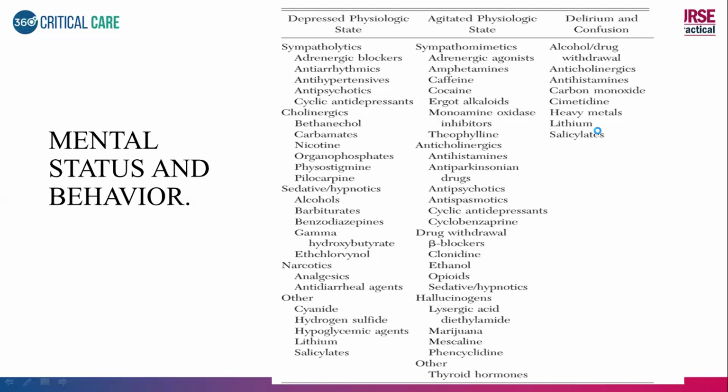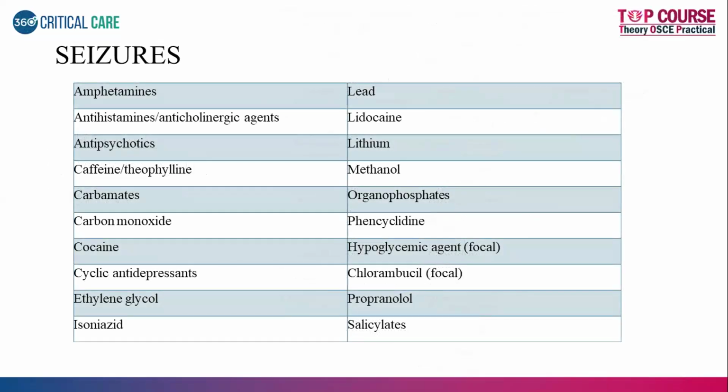This is about the mental status. Now coming to seizures. Which drugs have seizure potential? The most common are amphetamines and anticholinergics, which both have a high incidence of seizures. Others include tricyclic antidepressants, carbamates, ethylene glycol, lithium toxicity, OP poisons, and hypoglycemic agents. These are some examples causing seizures.